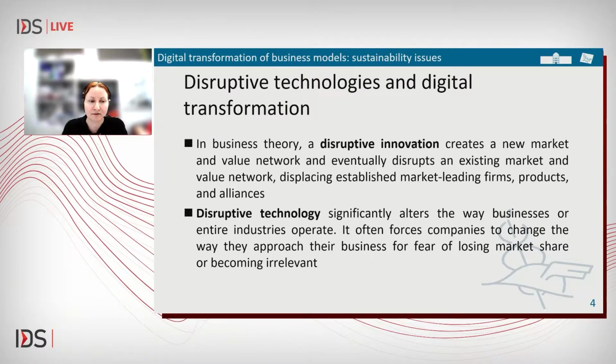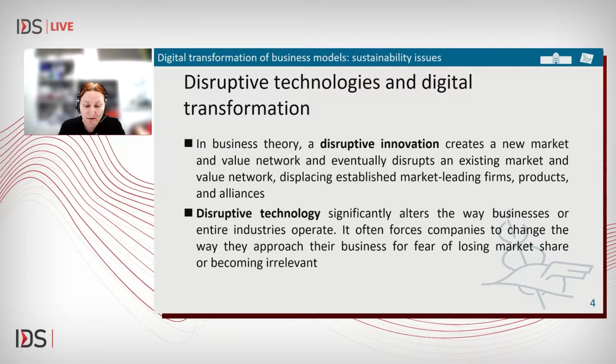On the other hand, disruptive technology significantly alters the way businesses and entire industries operate. It forces companies to change the way they approach their business for fear of losing market share or becoming irrelevant.